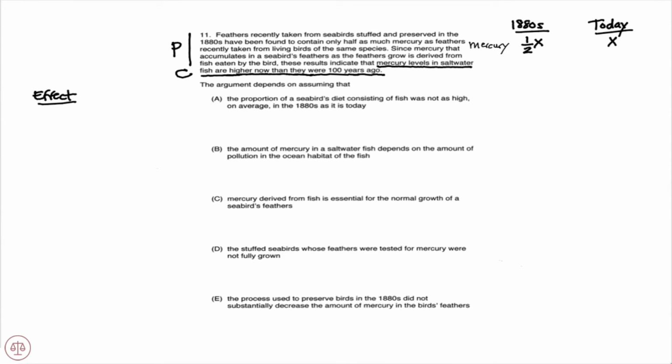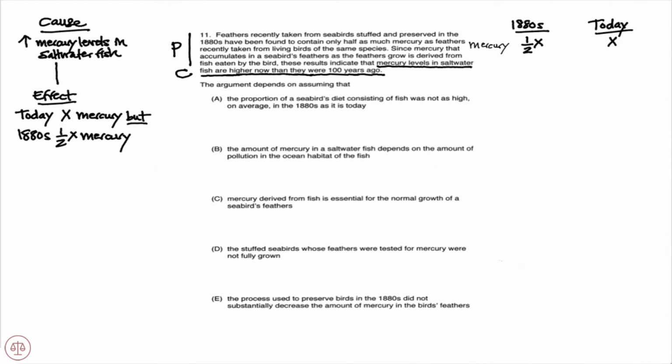So the observed effect is this difference in mercury: today we have X amount of mercury, but in the 1880s we had only half of that. And what is the author's proposed cause for this observed effect? You notice it is that the mercury levels in saltwater fish are higher.